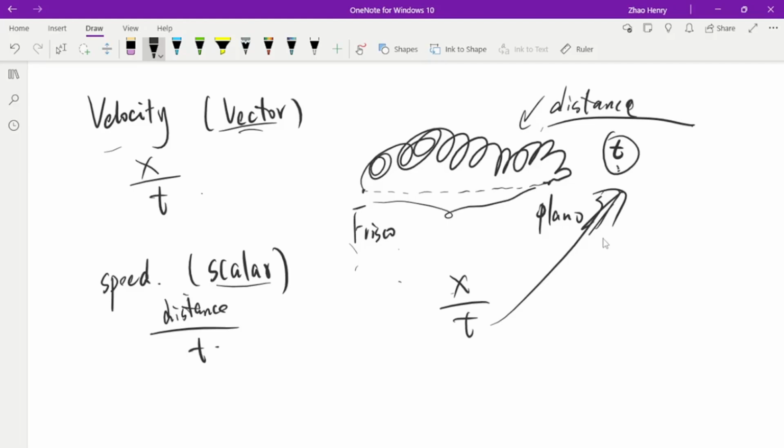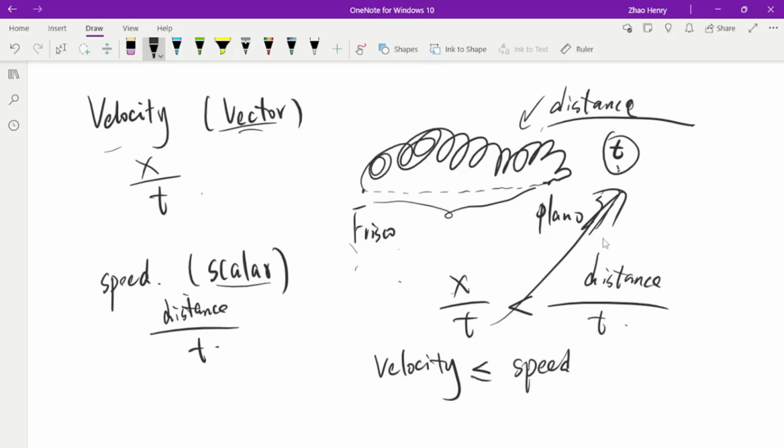So your velocity is actually smaller than your distance over t. And then we can conclude that your velocity can be smaller than or equal to your speed. Because when you travel from Frisco to Plano in a pathway exactly equal to your displacement, your velocity x over t is equal to distance over t.